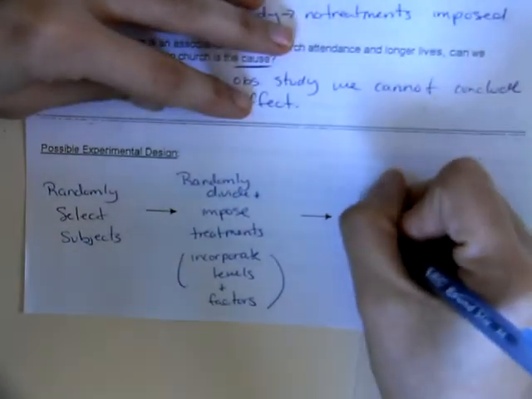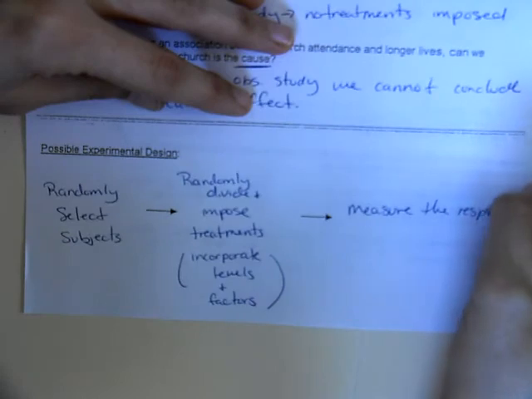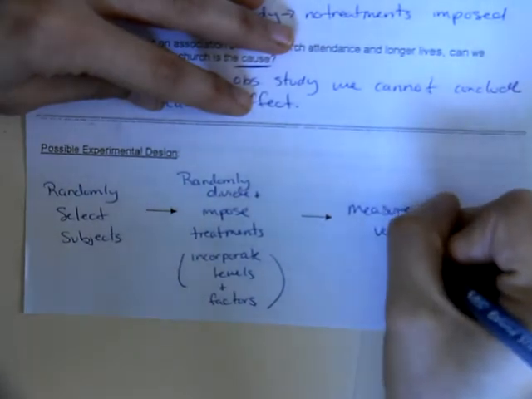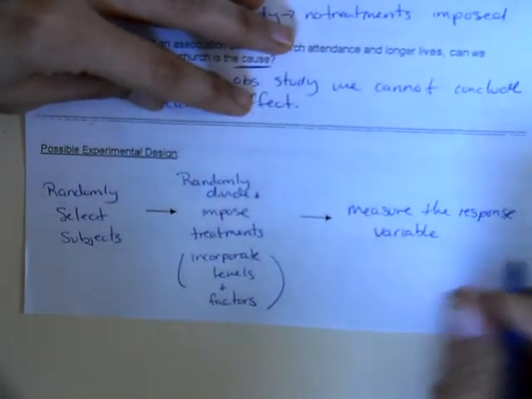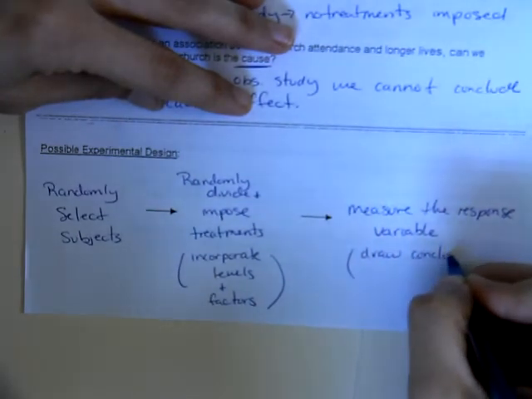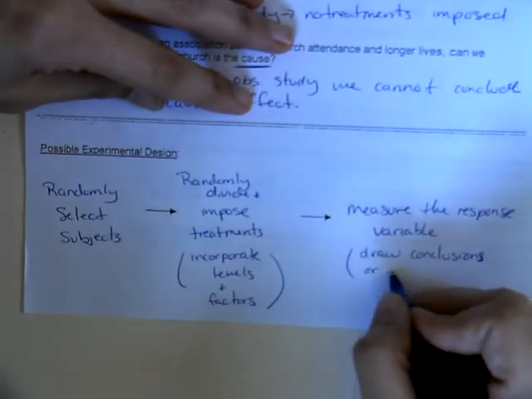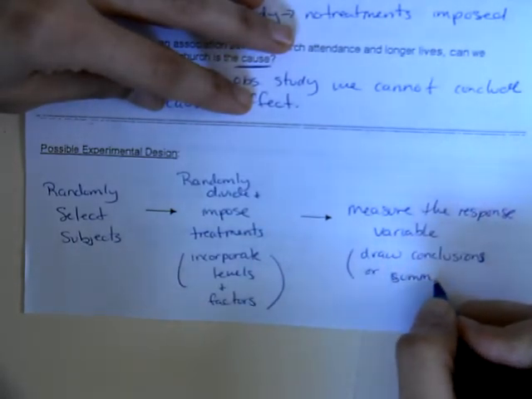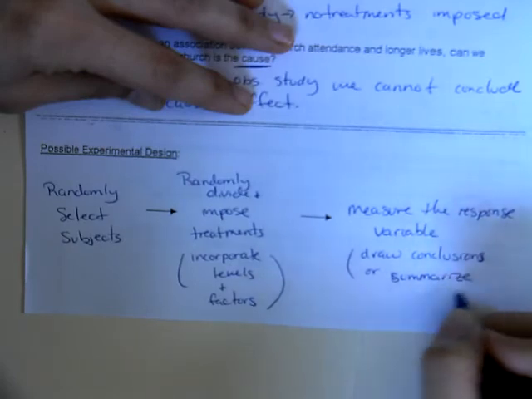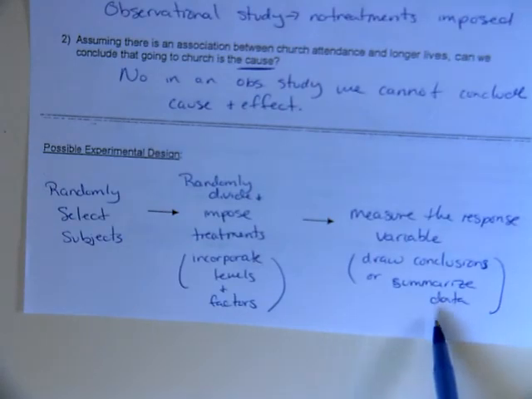And then we're going to measure the response variable. And usually from that point we draw conclusions if we're working on inferential statistics, or sometimes we just summarize the data. If it's an observational study, we might just summarize the data.